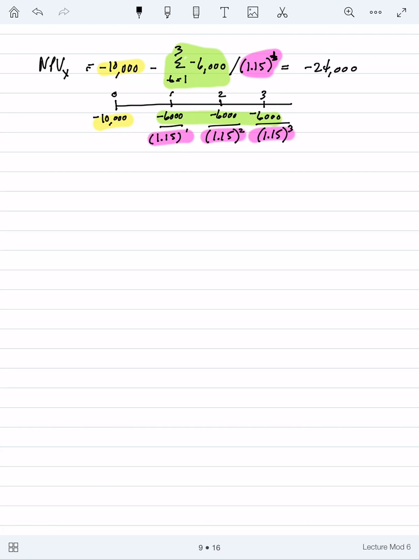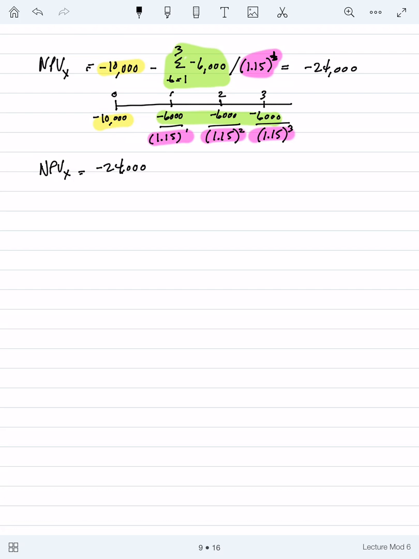So the economic sort of tool comparison technique here is to take an equivalent annuity cost for project X, right? So NPV of X is equal to 24,000, right?